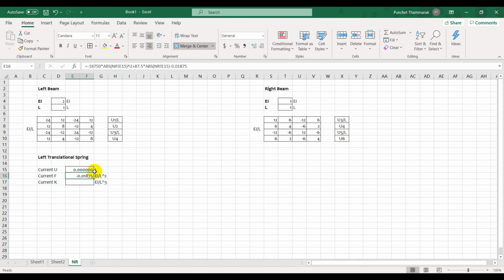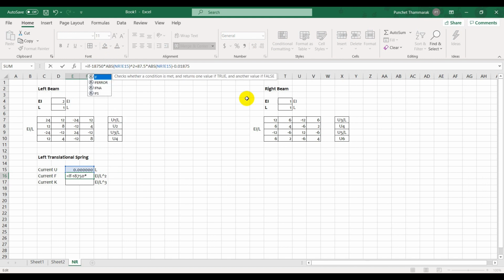Current force. Why is it minus? It was supposed to be 0. Oh, okay, there are two rules.